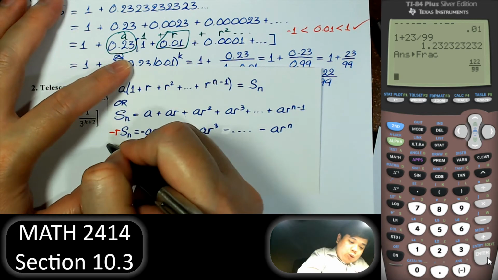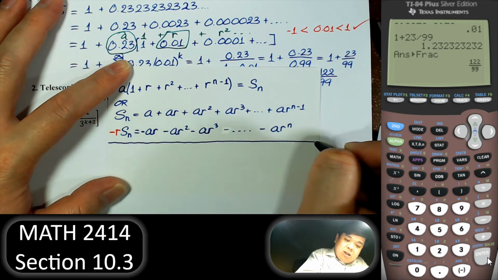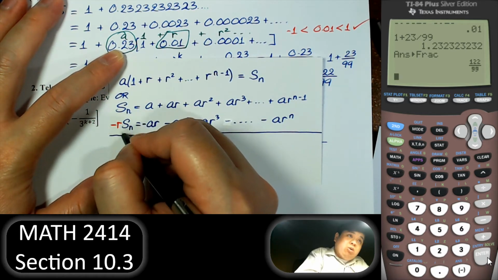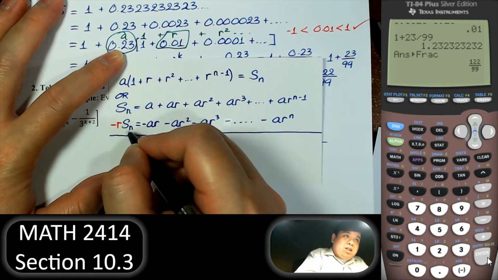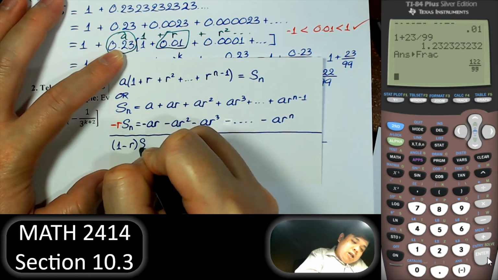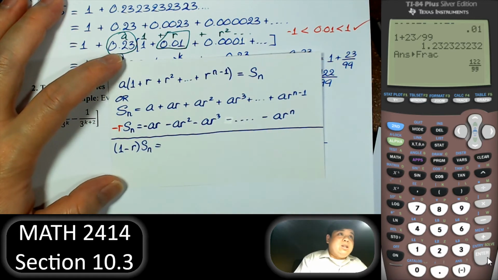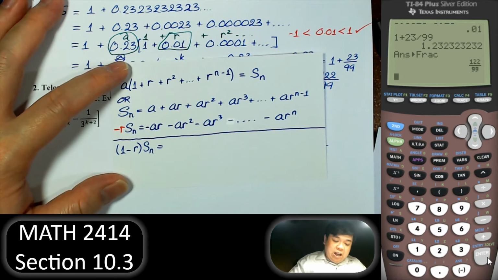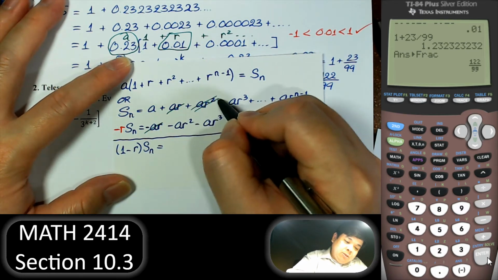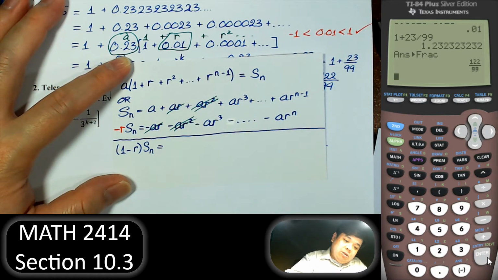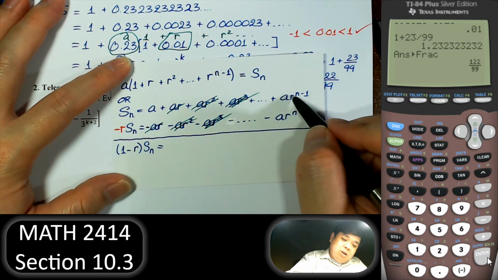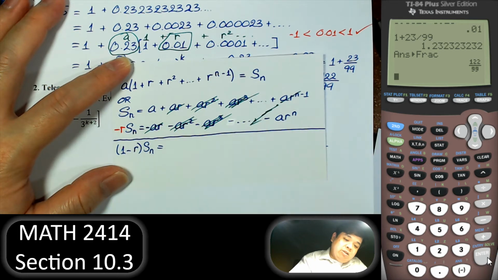Right. Now what we do is we add side by side. Here we have S_n minus r times S_n. If I factor out S_n, I have 1 minus r times S_n. And then when we add on the right hand side, what do we have? That cancels. That cancels. That cancels. And pretty much this will cancel with whatever is in front of it.